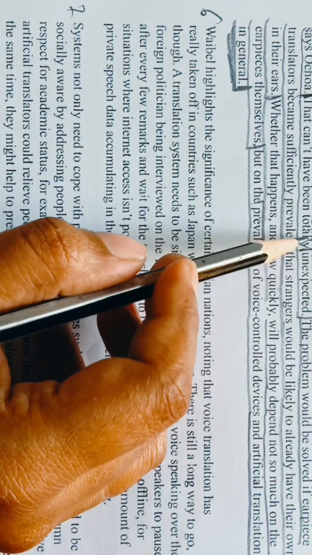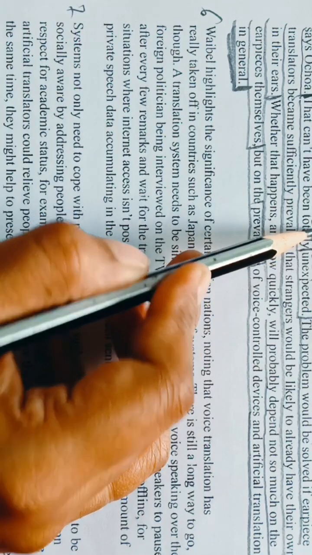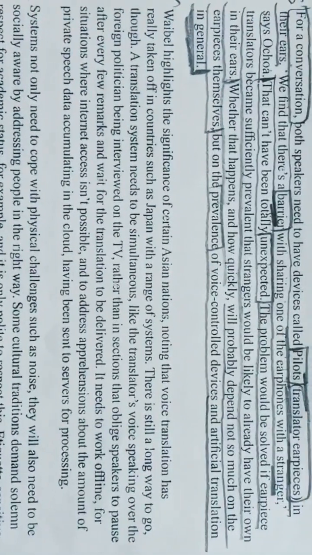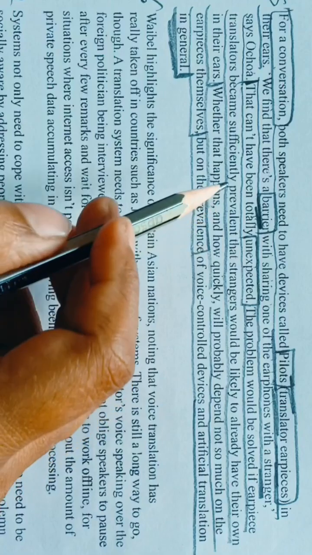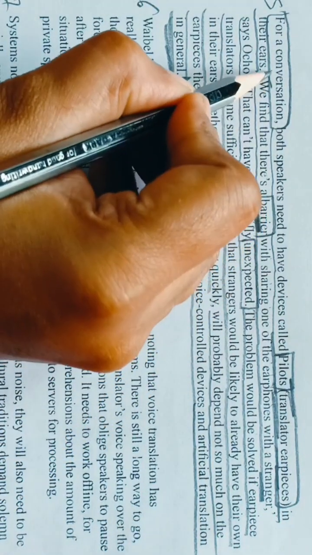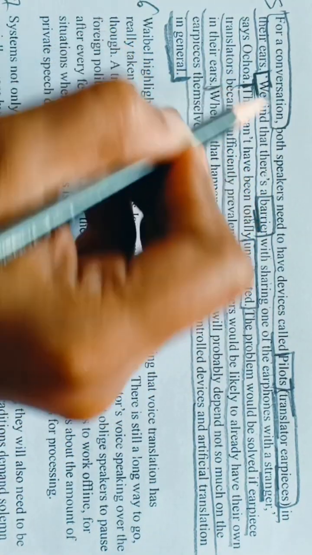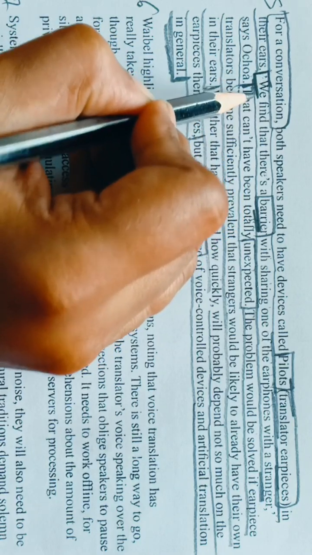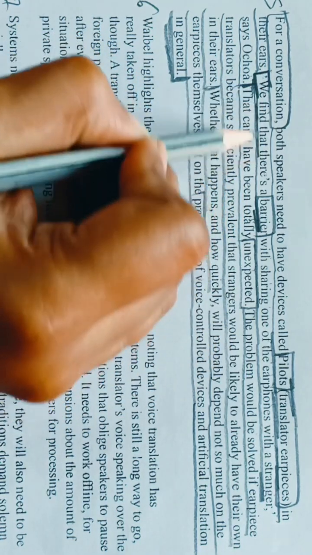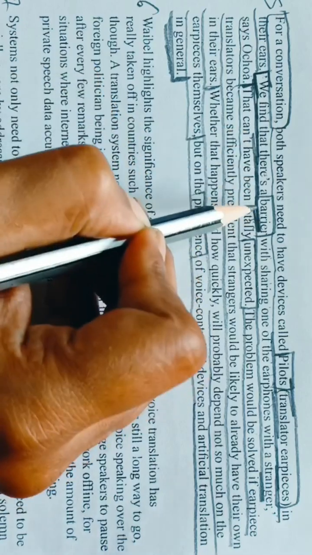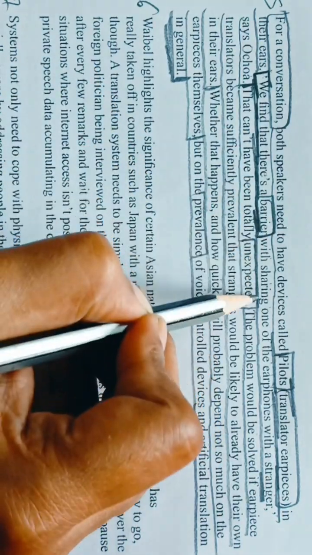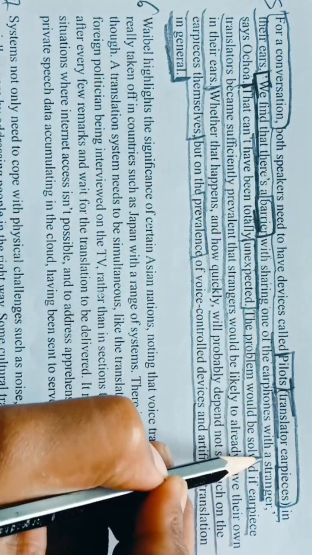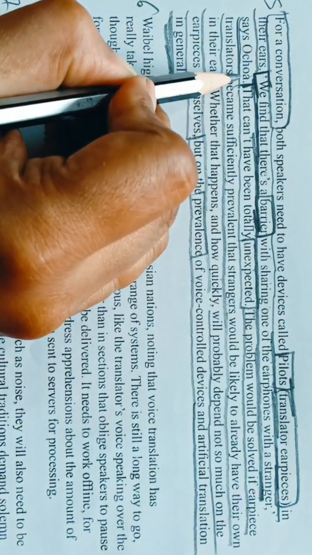Okay, so we are getting our answer from here. These inverted commas lines are important. Okay, we find that there is a barrier with sharing one of the earphones with a stranger, says Okoa.